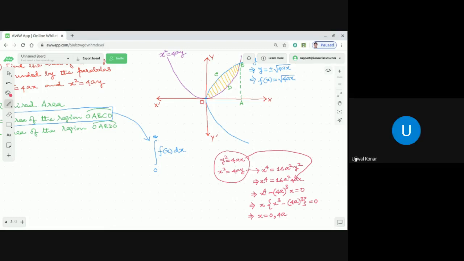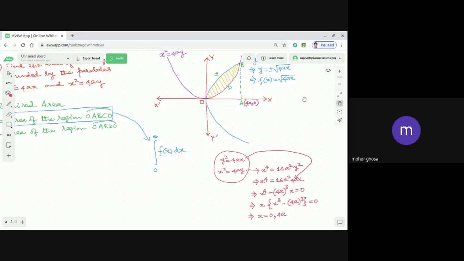Why? We can cancel x if x is not equal to 0, but x could be 0 also, which is the coordinate of the point O. So we get two coordinates: one is the x coordinate of the point O and the other is the x coordinate of the point B. Correct or not? So the coordinate of the point A is nothing but 4a comma 0. Are you getting my point, all of you?